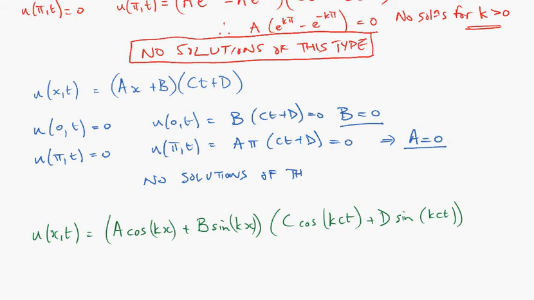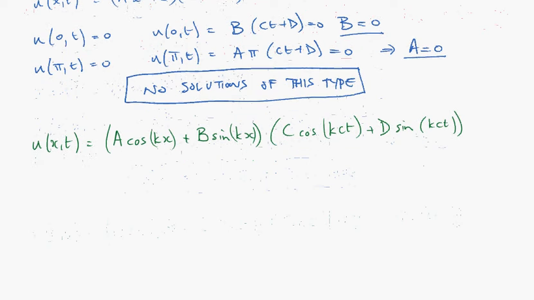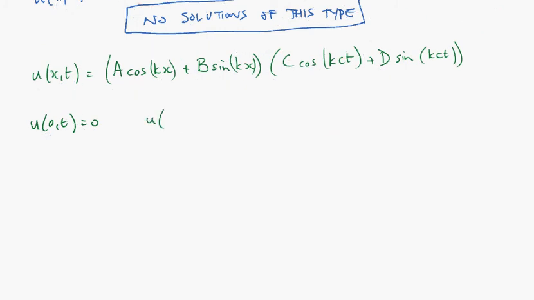of this type. Remember, this is for one particular set of boundary conditions, the fixed set. So we go on to the next ones. u(0,t) equals 0. So we put x as 0 into this, and we'll get cos of 0 is 1, so we'll get a.